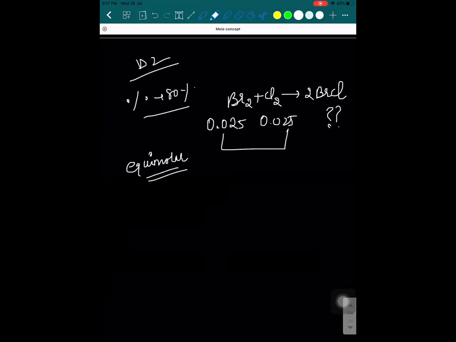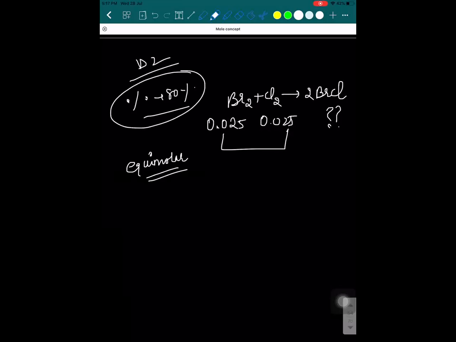You can calculate it from anyone. Now, just a minute, they are asking how many moles of BrCl are formed. The reaction yield is given as 80%, which you also have to keep in mind.